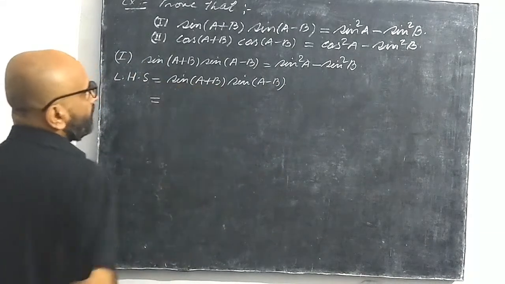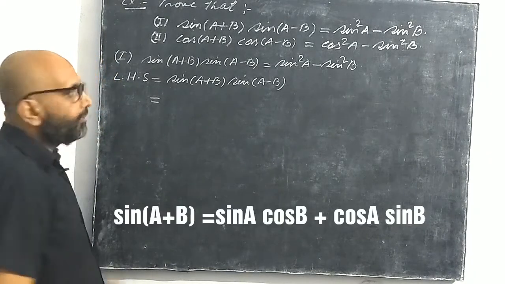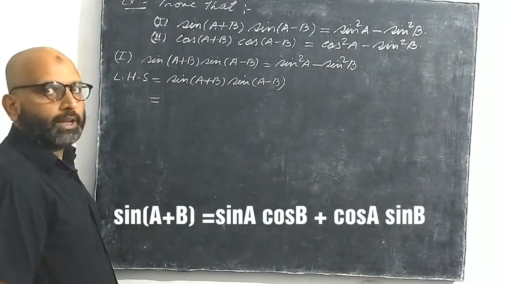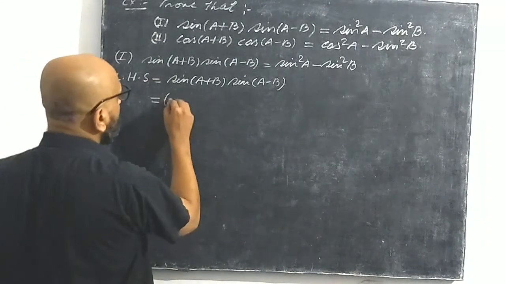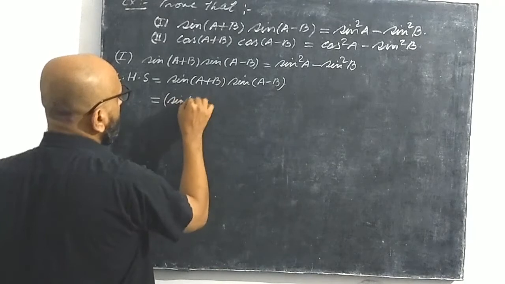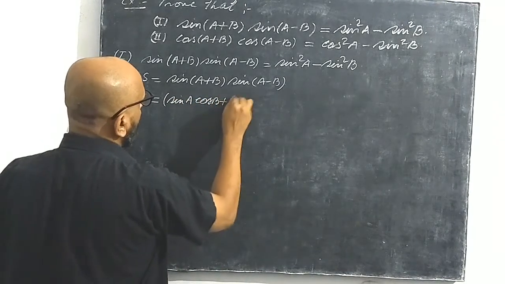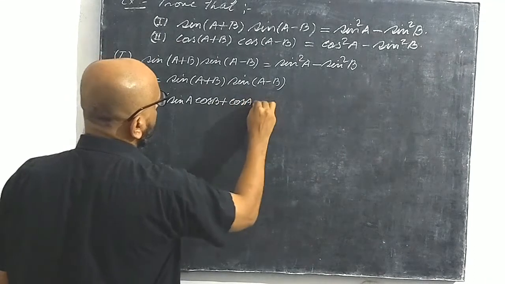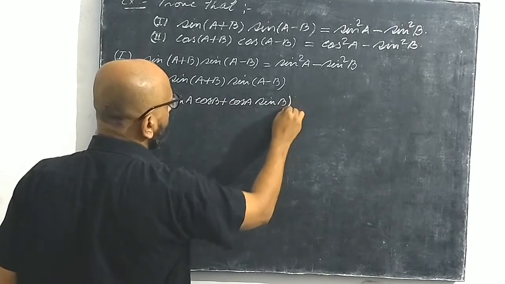Here we have to use the formula for sin(A+B). As we know, sin(A+B) is equal to sin A cos B plus cos A sin B. So write it down: (sin A cos B plus cos A sin B), bracket close.